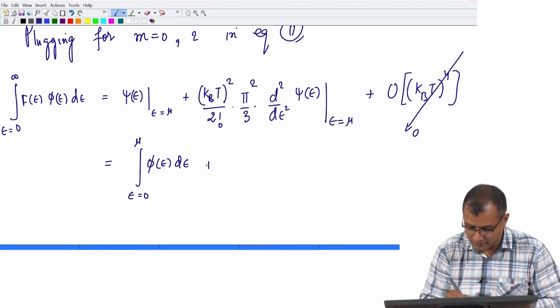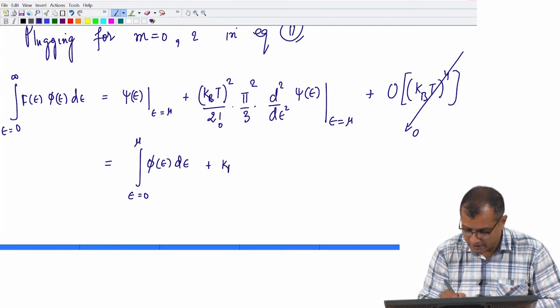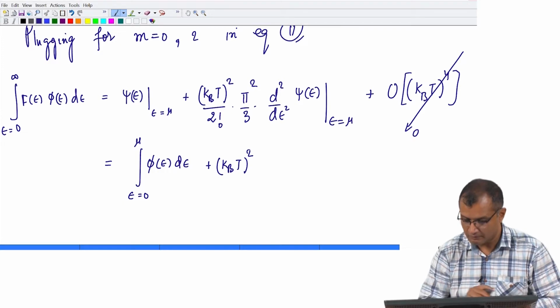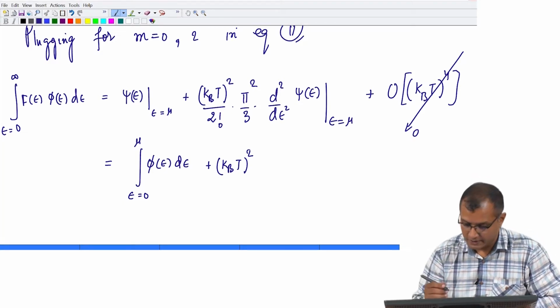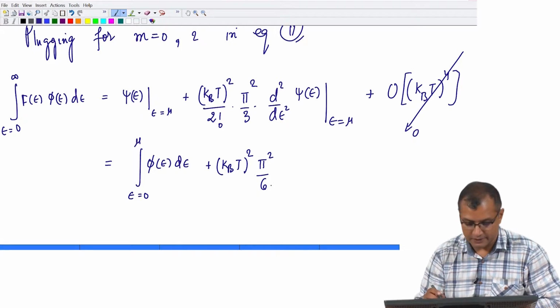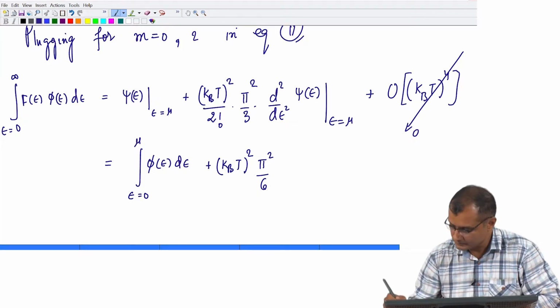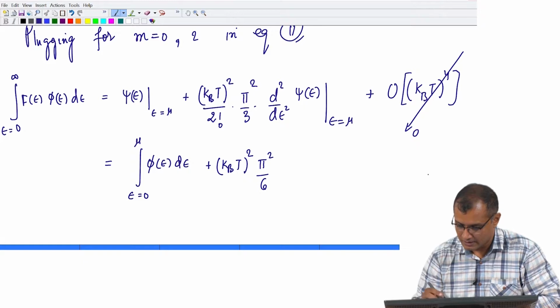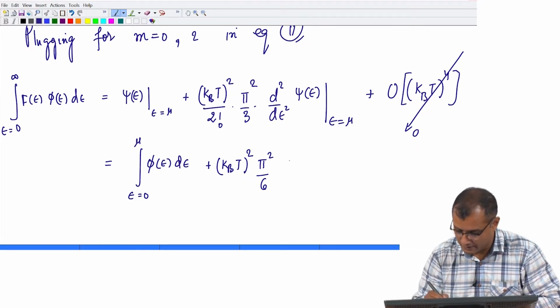So, the second term would be nothing but kBT square, and I can write the prefactor here as pi square by 6, and this is d square psi by d e square.